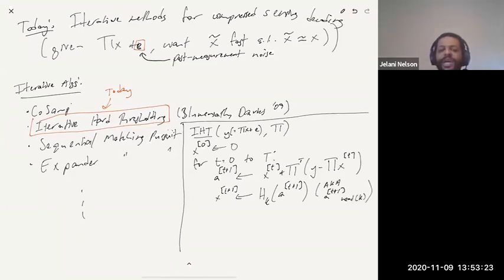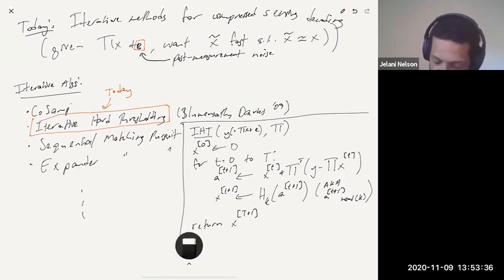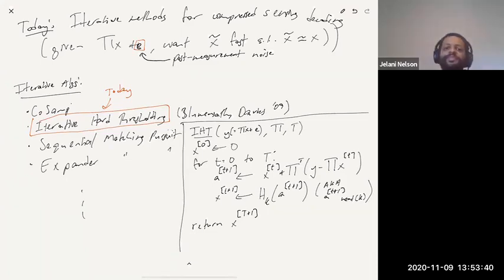So take the vector a_{t+1} and zero out all but the top k coordinates in magnitude. And then now you return x_{t+1}. And I guess you have to give it as input t, like how long do you want to go for? Okay, so I think that's a very simple algorithm to write down. Any questions about what the algorithm is doing, or anything about the pseudocode?